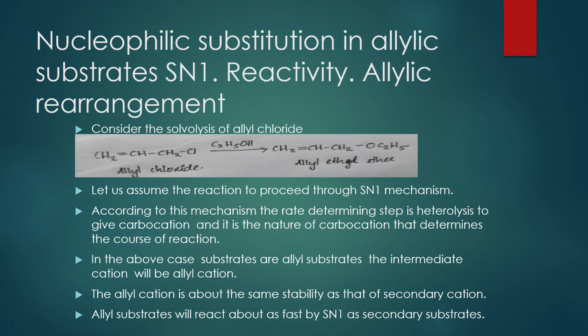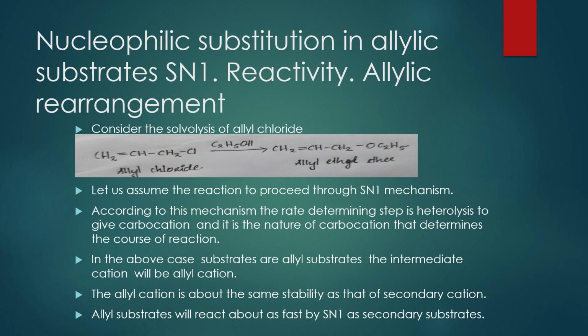As per the SN1 mechanism, the rate determining step is the slow heterolysis to form the carbocation, and it is the nature of the carbocation that determines the course of the reaction. So in this reaction of allyl chloride with ethyl alcohol, initially the allyl chloride undergoes heterolysis where the C-Cl bond is broken, and that leads to the formation of the allyl cation.